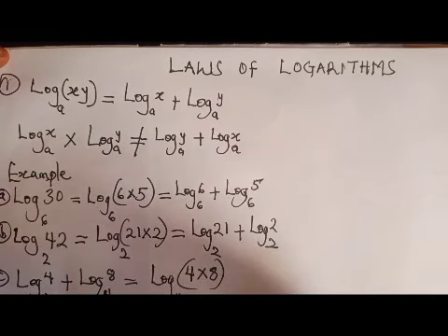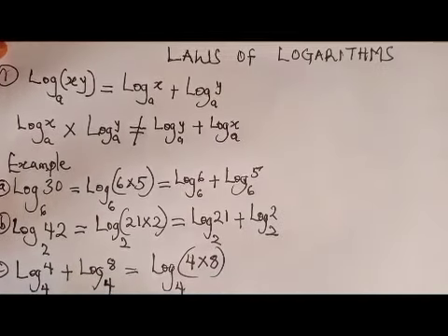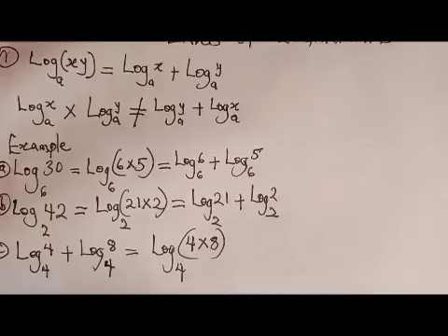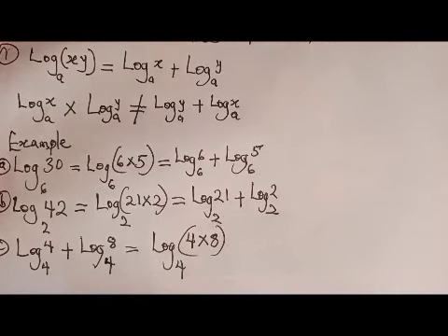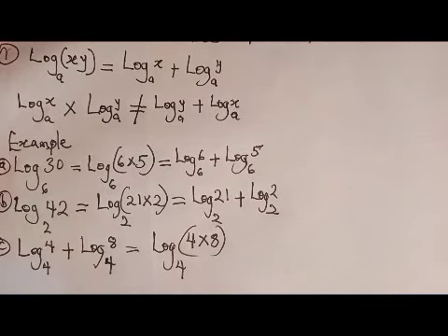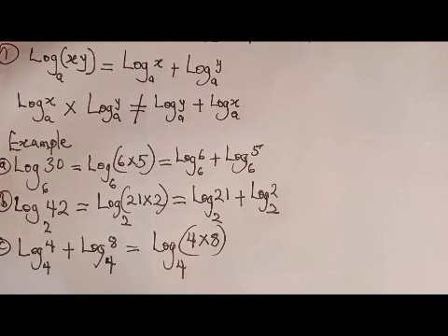So, however the question comes, I should be able to know what I am doing. No matter how the question comes, we should be able to know what we are doing. So that's why I'm also trying to take an example from this angle. So please, I need you to take note of it.